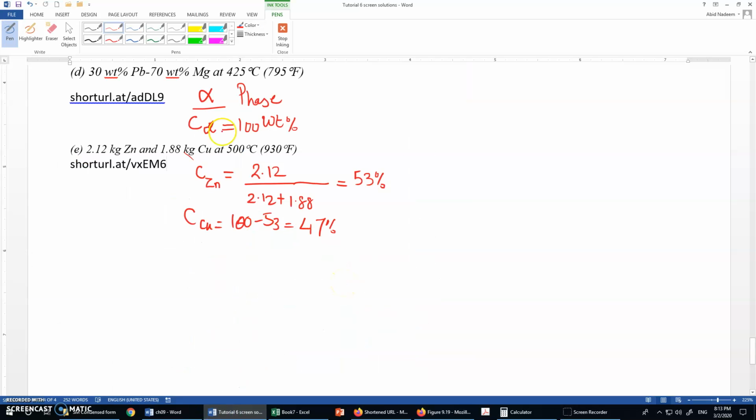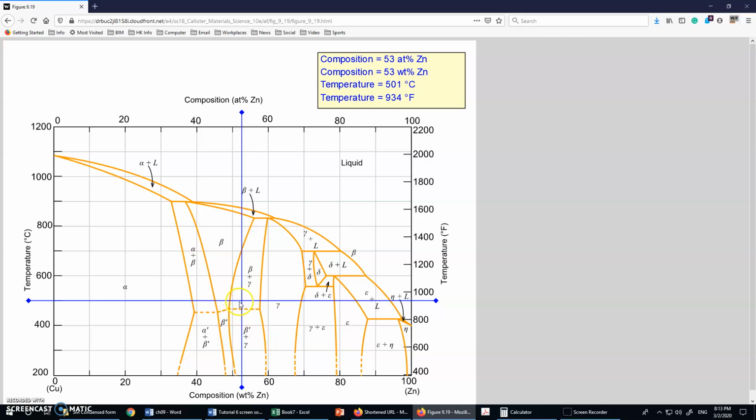So phases are beta and gamma. How many percentage of beta is there and how many percentage of gamma is there? That we can find from the tie line. The tie line is here. So this tie line starts from this point.